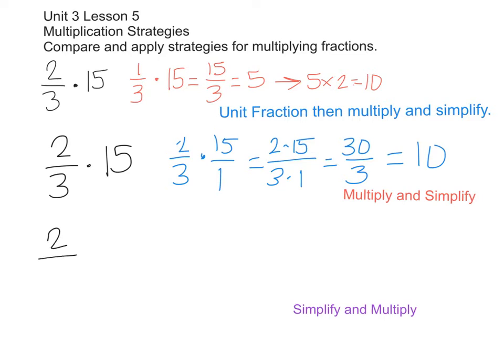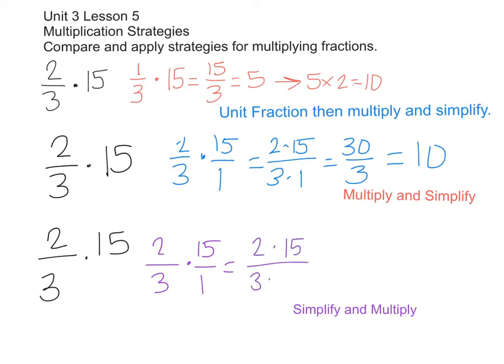So you have 2/3 times 15, just the same way you did before. But now you're going to set up the problem just as you did before. 2 over 3 times 15 over 1. Same thing so far. 2 times 15, 3 times 1.